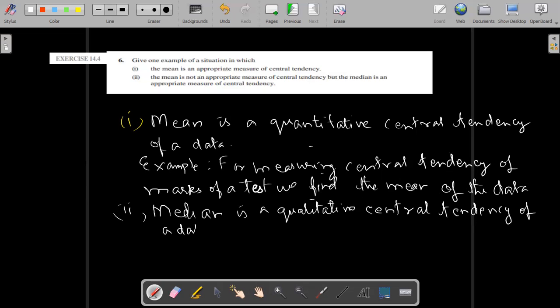The median is a qualitative central tendency of data. Qualitative means which tells about quality. So whenever we are concerned with quality, we will find the median. For example, for measuring the beauty of a group of women, we determine the median of the data. We want to find the beauty, so we take the middlemost beauty as our measure of central tendency.